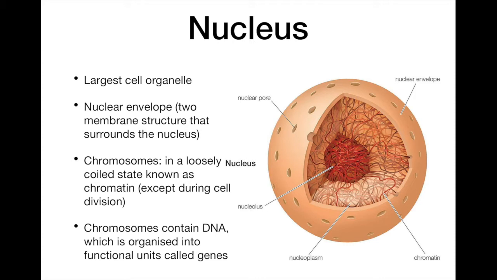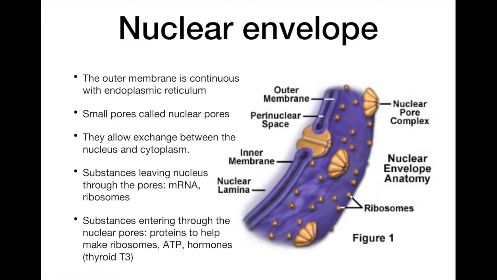Now, the nuclear envelope: we said that the outer membrane is continuous with the endoplasmic reticulum. There are pores, holes, where the two membranes join. But these are not open holes.